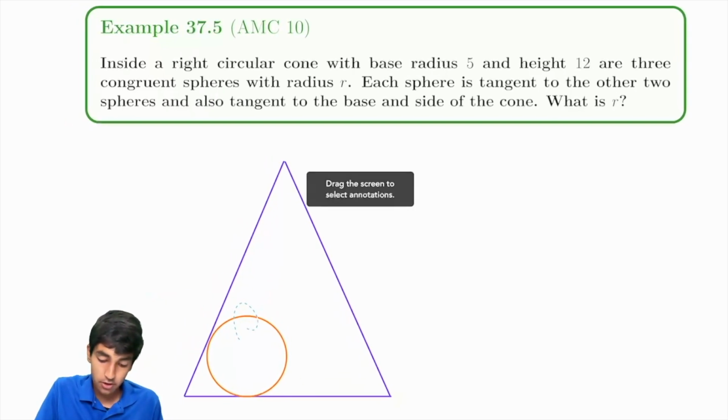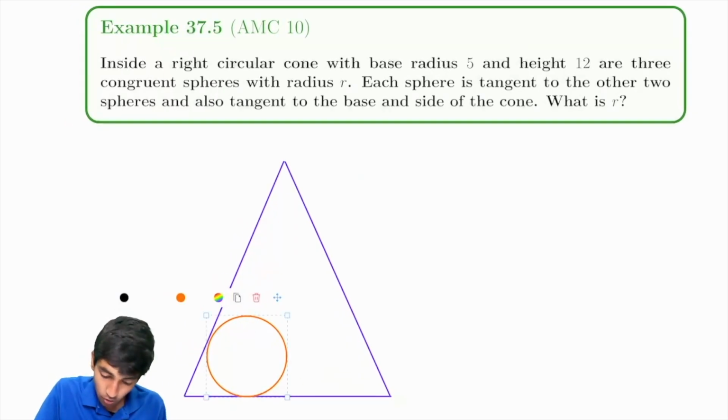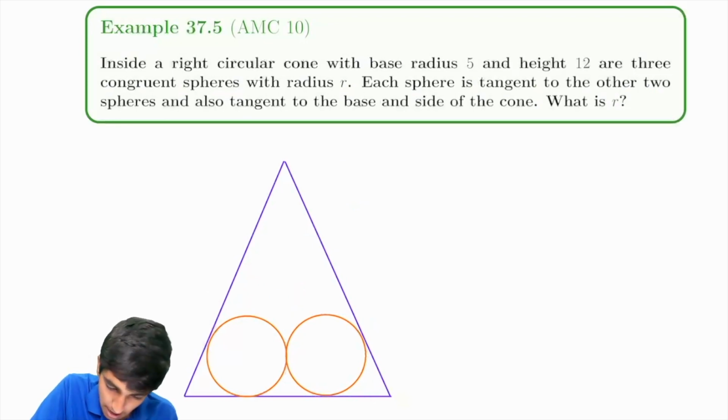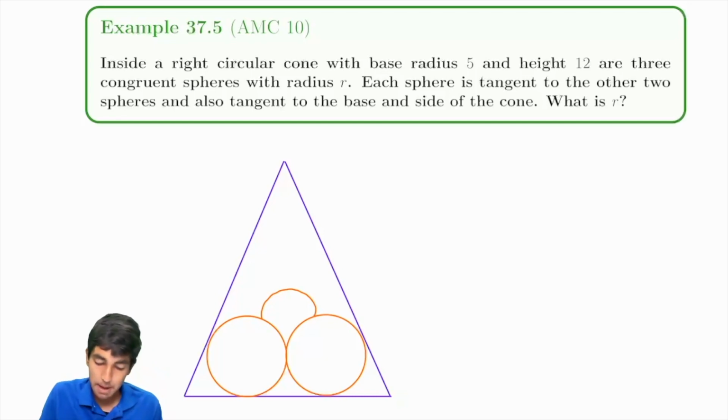So they're tangent to each other, and they're also tangent to basically everywhere in the cone. I've drawn 2 spheres here, and you can imagine a third sphere would be something like that. I'm not going to draw it, but you can imagine it's behind these 2 spheres. Right now, we're basically looking at the front view.